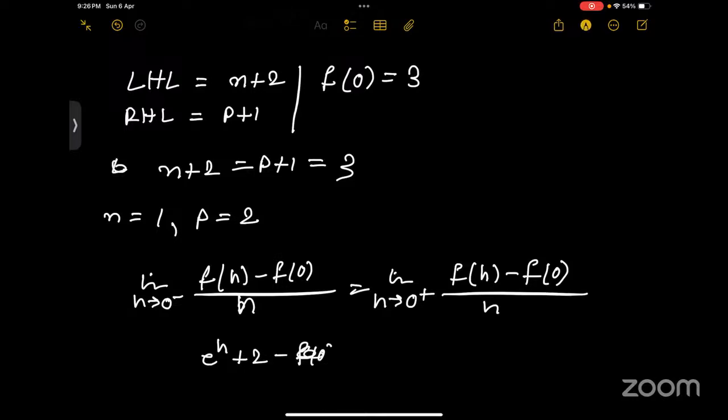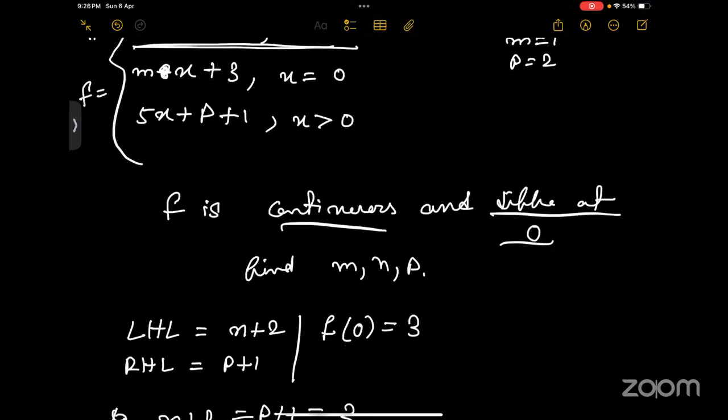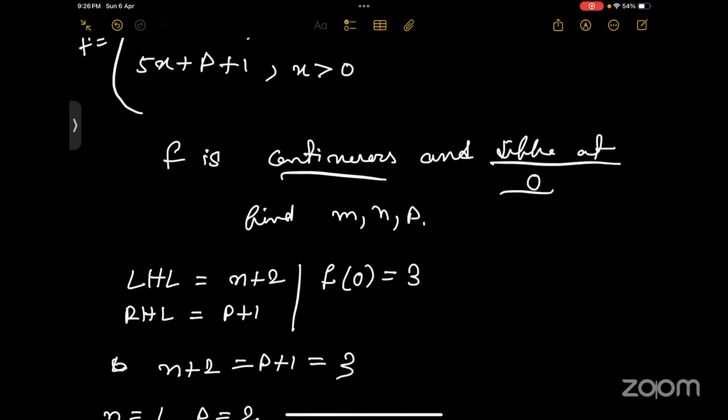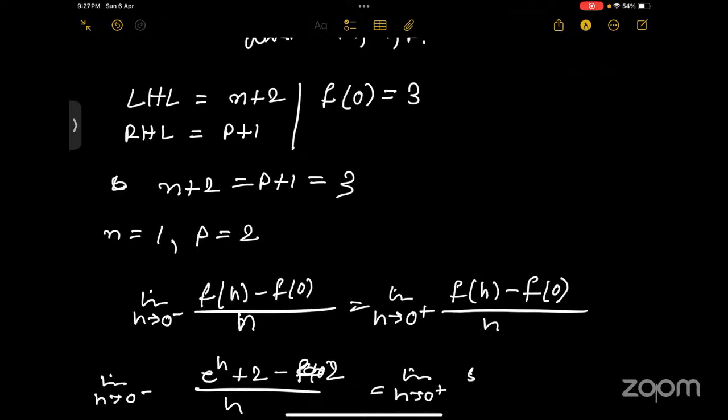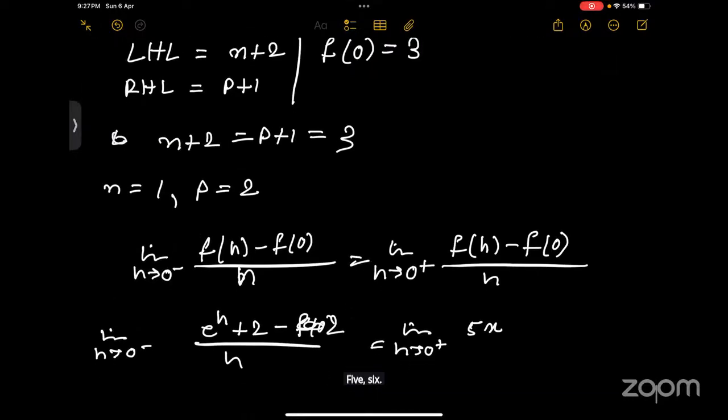f of 0 is 2, right? The value of p is 1.